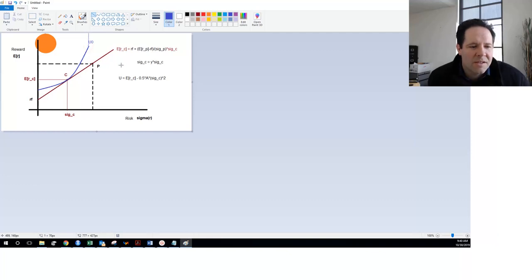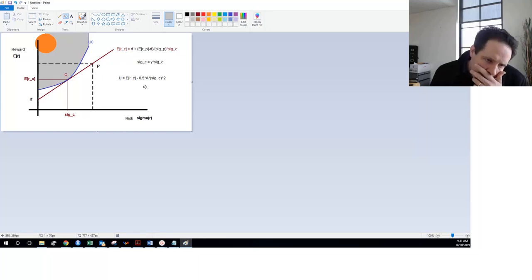It's not an extension of the indifference curve, but the goal is just to shade in a region. What I want to illustrate is that this area contains portfolios that are all better than C. Those are above the indifference curve that passes through C. So this investor would prefer those portfolios.